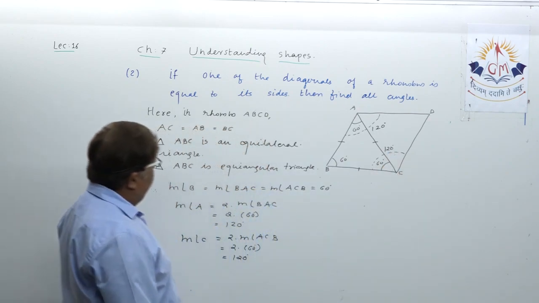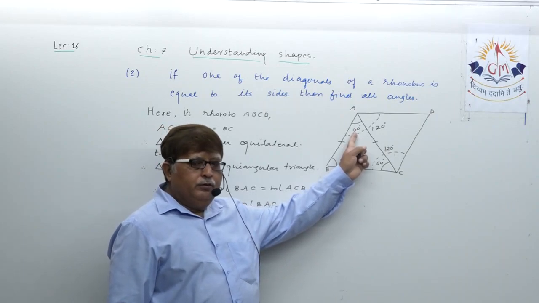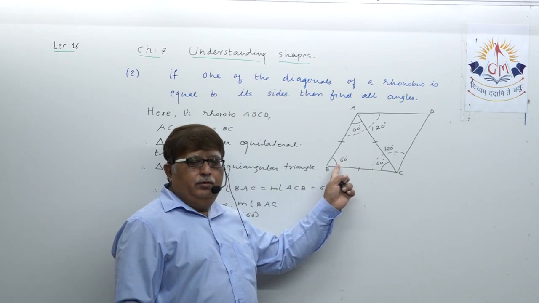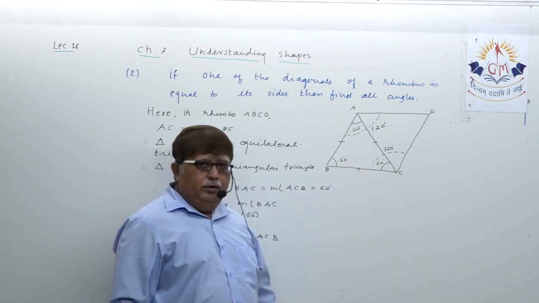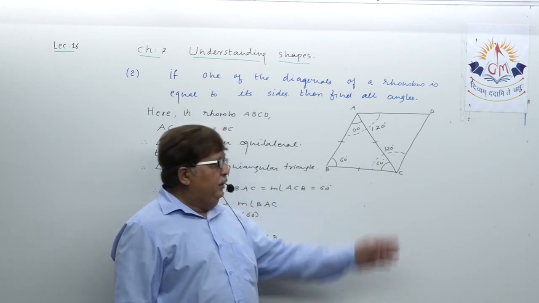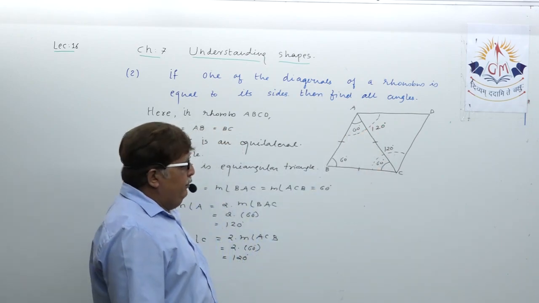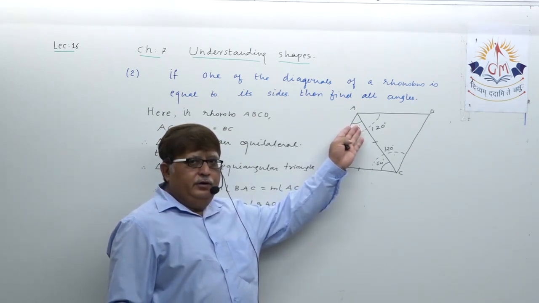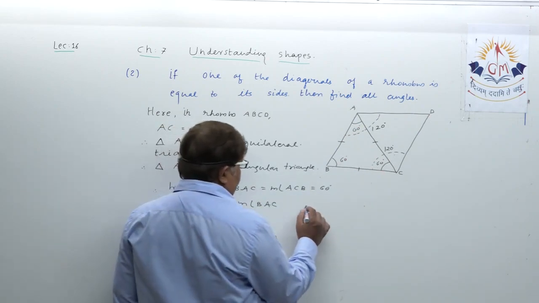So just try to understand. You got angle A, you got angle B, you got angle C. Now the rest is angle D, which makes an adjacent pair with either A or C. So you can mention this way.